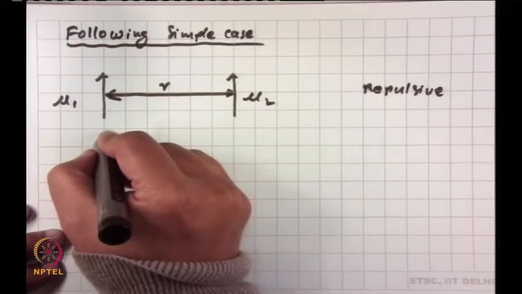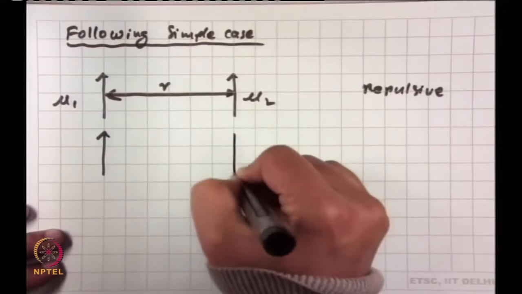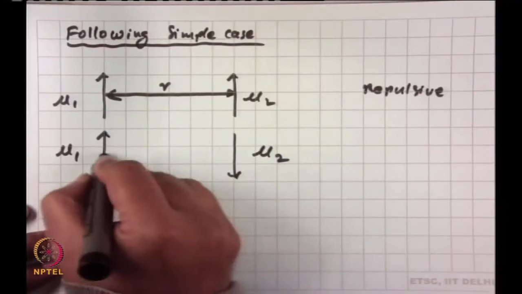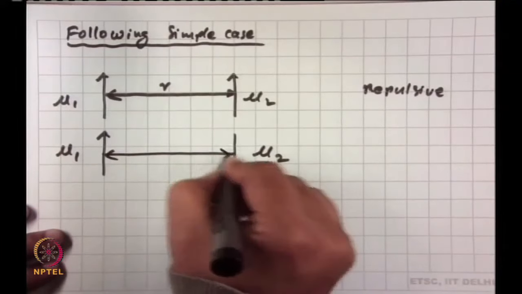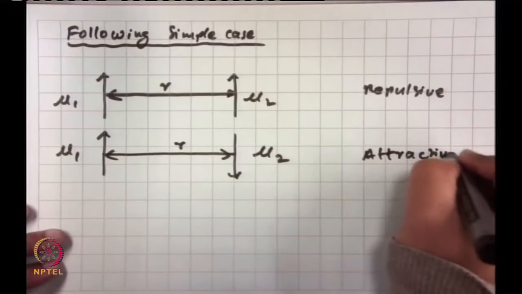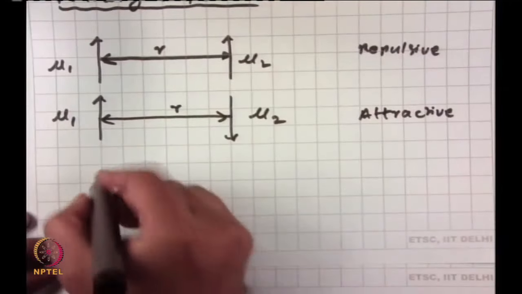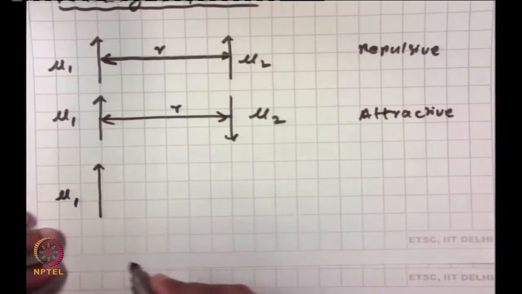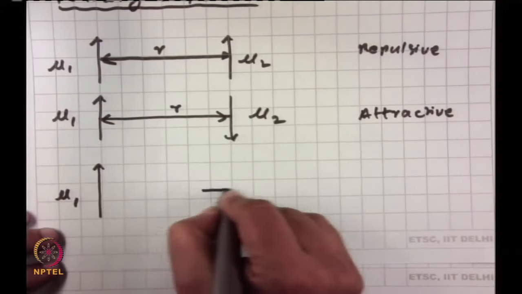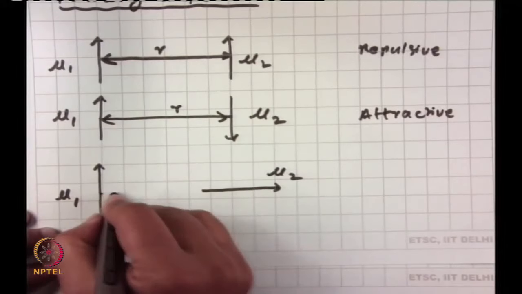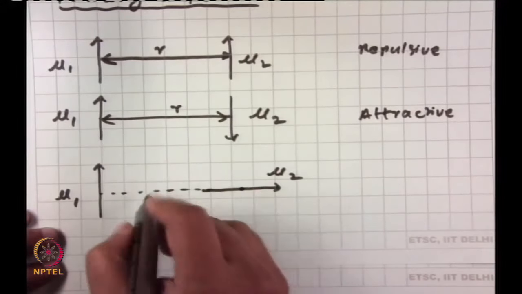The next one I can have is something like this, mu1 mu2 again separated by distance r. This is attractive, okay. I can have another orientation like this, which is one dipole mu1, right, and then I have another dipole which is like this, this is mu2, and again the distance to the center is r.